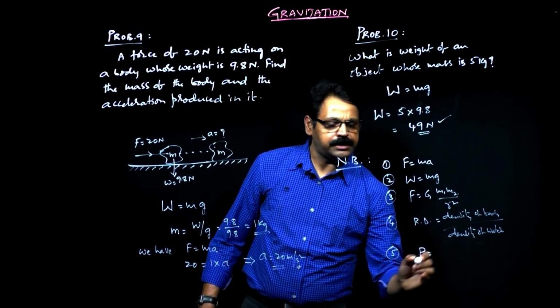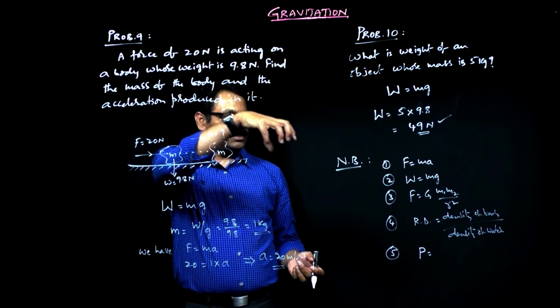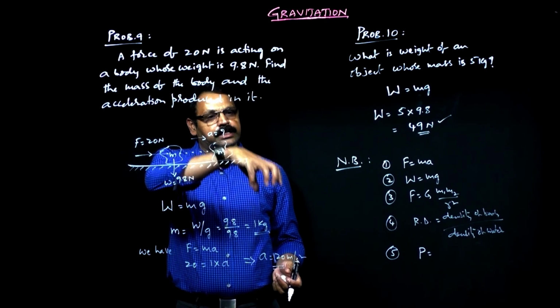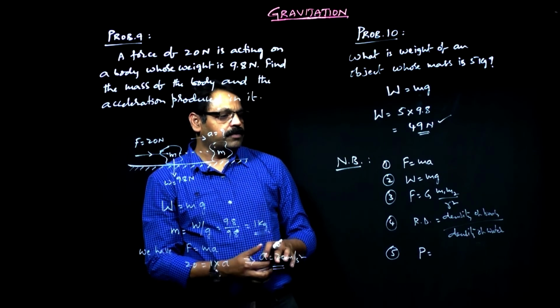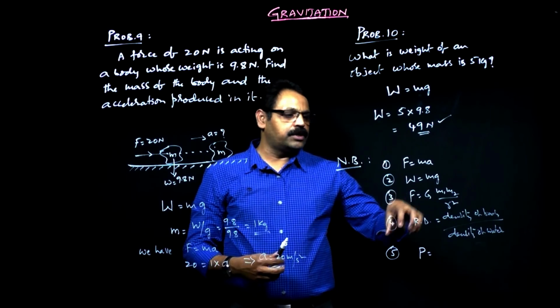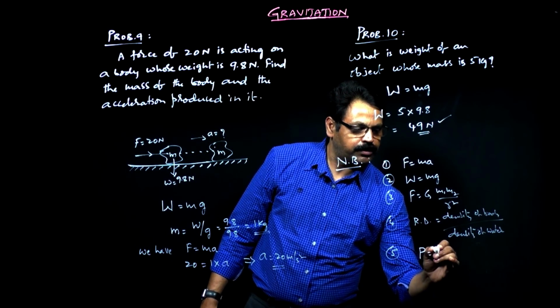Archimedes principle says whenever a body is dropped into a liquid, it will be either partially sinking or fully sunk. In that case, the weight of the liquid displaced is equivalent to the weight of the body that is immersed. That is one more point you need to remember.